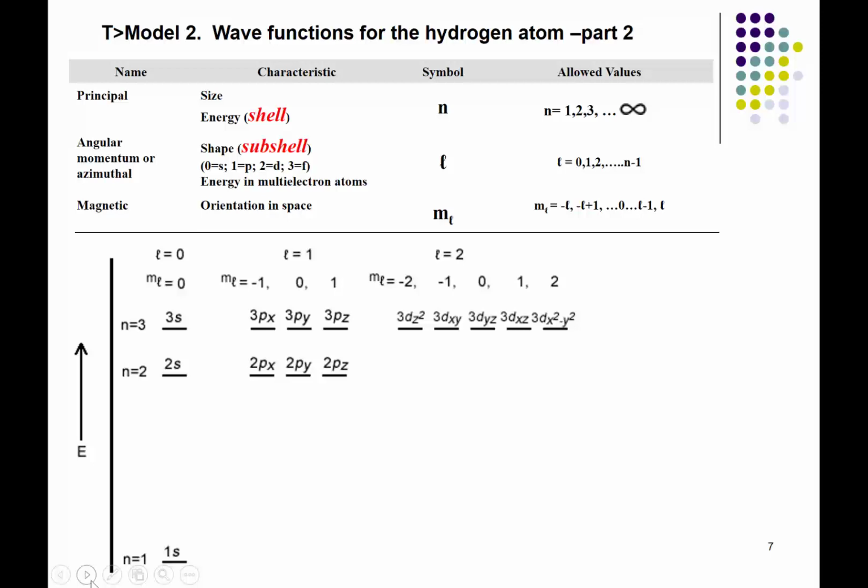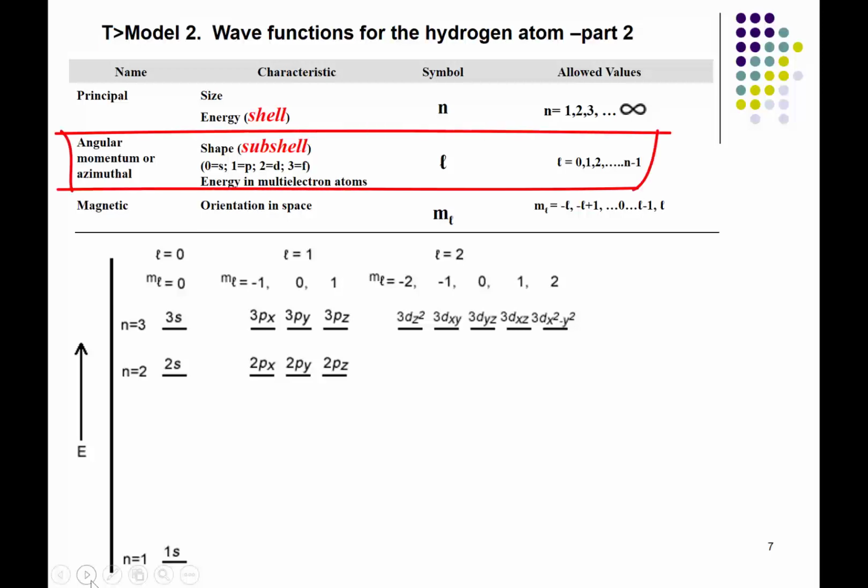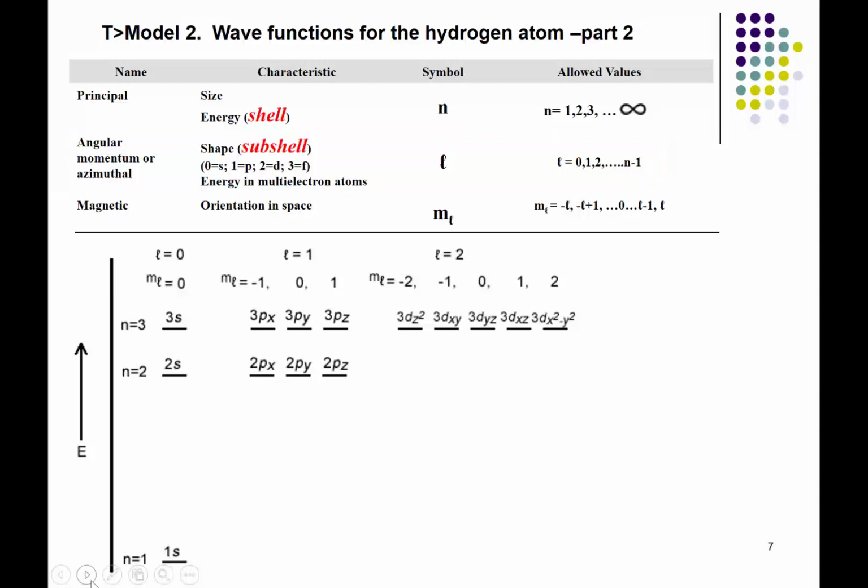N represents, in part, the size of our orbitals, in turn boundary surface diagrams, and the energy of our orbitals, and therefore the energy of the electron. L, which represents the angular momentum or azimuthal quantum number, tells us about the shape of our boundary surface diagram.